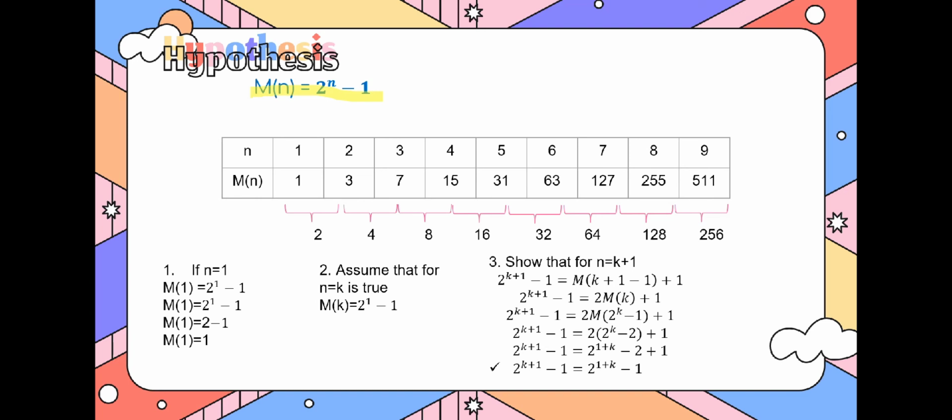We just have to manipulate the formula, and our answer is 2 raised to k plus 1 minus 1 is equal to 2 raised to k plus 1 minus 1, which is true. So our formula is proven.